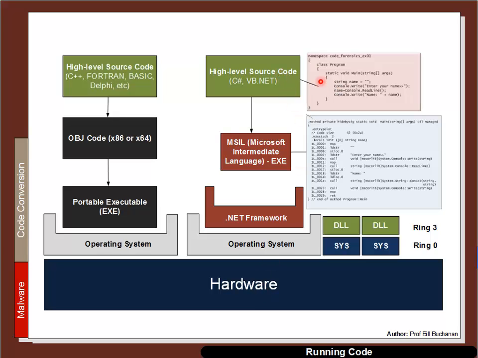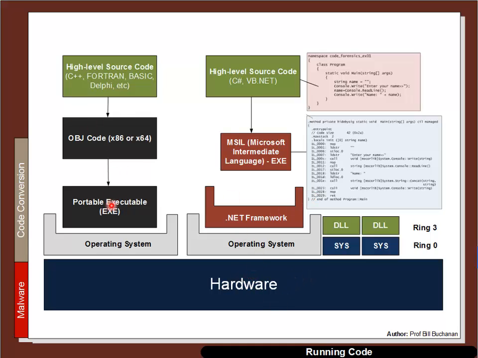So for this, we have our high-level code, C#, VB.NET, Java. We then compile it into an intermediate format, which is as near a machine-ready format as possible. The framework then converts this intermediate format into the format required for the hardware.